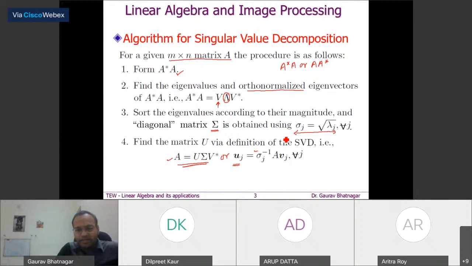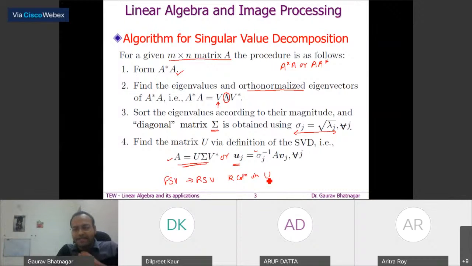So what I'm trying to show here is, let's say in order to get the full SVD from the reduced SVD, you need to add k columns in the matrix, let's say U. Depending on which matrix you have chosen, you are going to get some additional columns in either U or V.